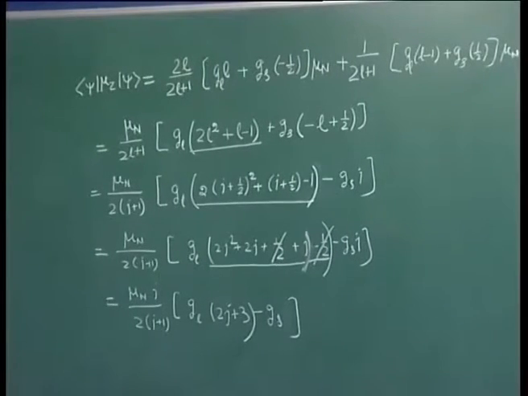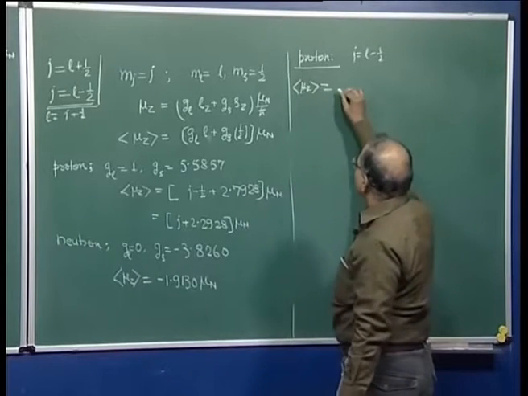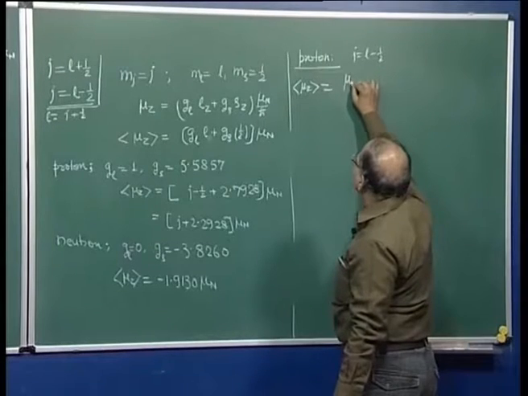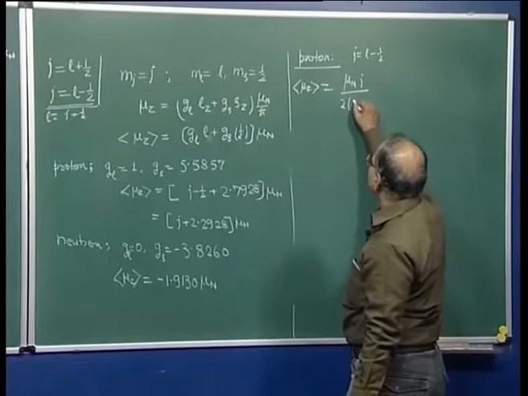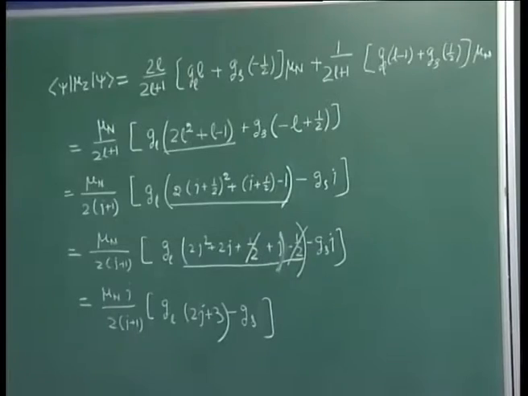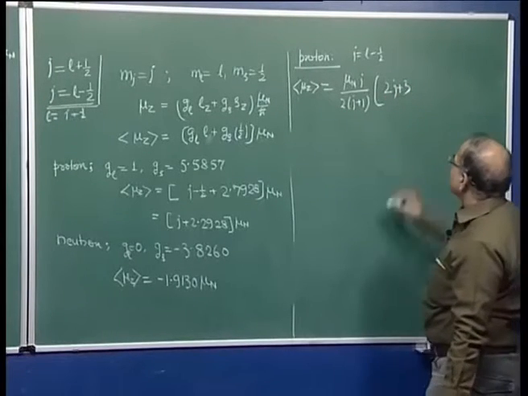So, that mu z is equal to J, mu n will be anyway there. So, J over 2 J plus 1. Now, GL is 1. So, it is 2 J plus 3 and minus GS.